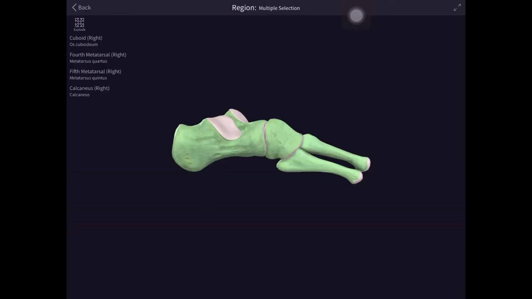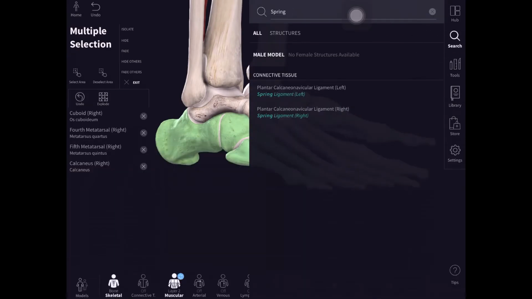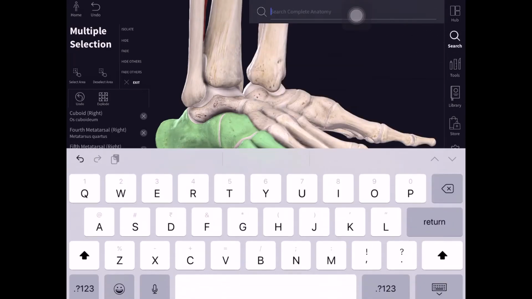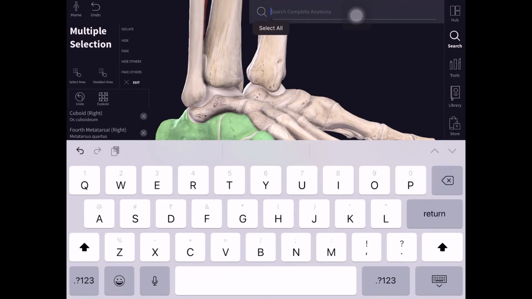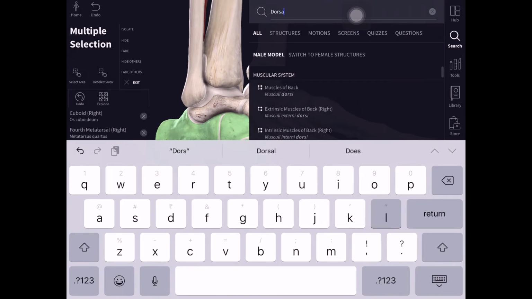Okay, so the name of the ligament is dorsal ligament.